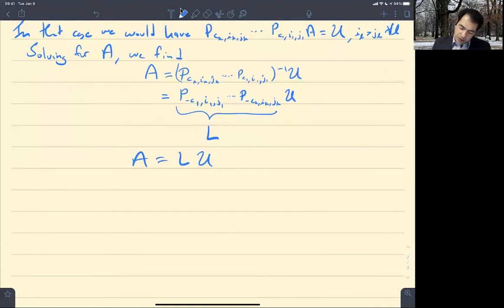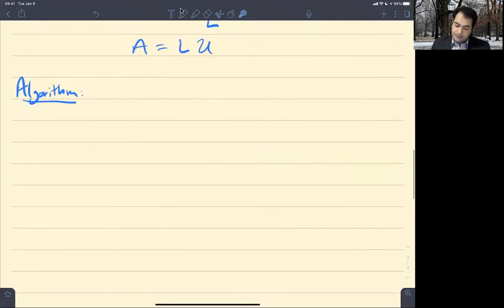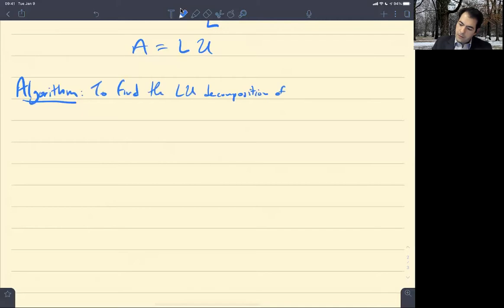Okay, so let's write this down as an algorithm for finding the LU decomposition of a matrix. In fact, this algorithm also will tell you whether or not there is an LU decomposition, because there might not be.